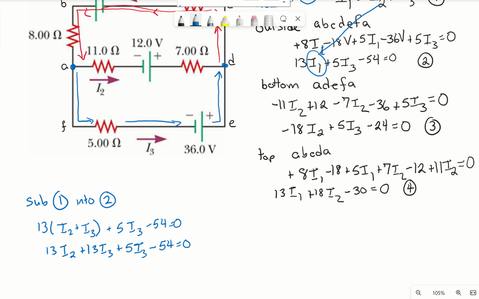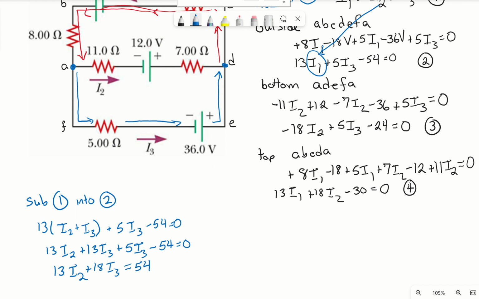So combine the terms. So I've got 13I2 plus 18I3. And I'll put the 54 on the opposite side to make it look a little nicer. All right, so I got 13I1 plus 18I3 equals 54. Sorry, that should be 13I2 plus 18I3 equals 54.